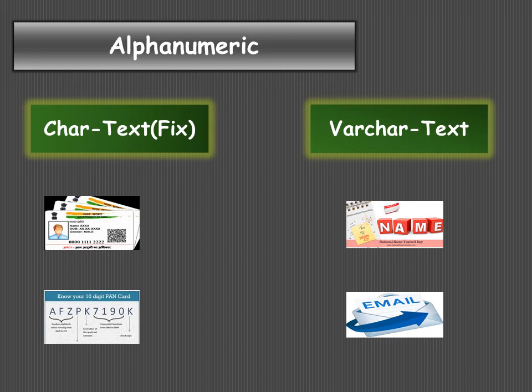Whereas a name can consist of 3 characters, 4 characters, 5 characters, 7 characters, it can vary. Similarly, an email address, which is a combination of textual and numeric data, can also vary. Someone has made the email ID like abc123@gmail.com, or someone has made an email ID like xyz12@yahoo.com.